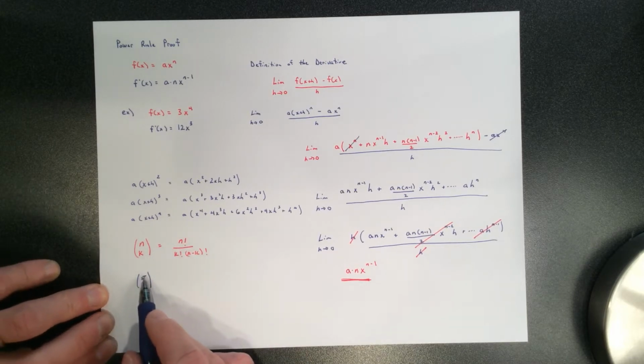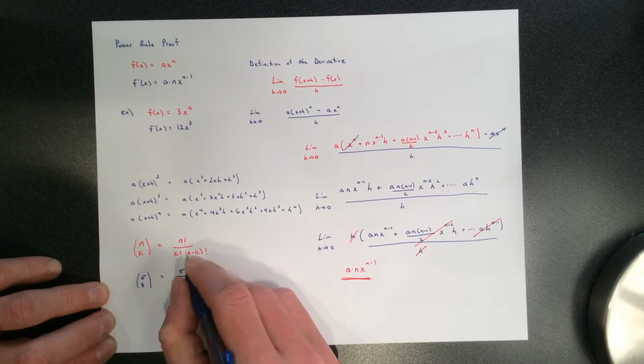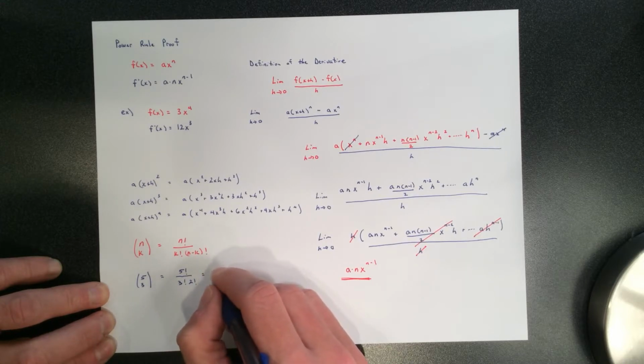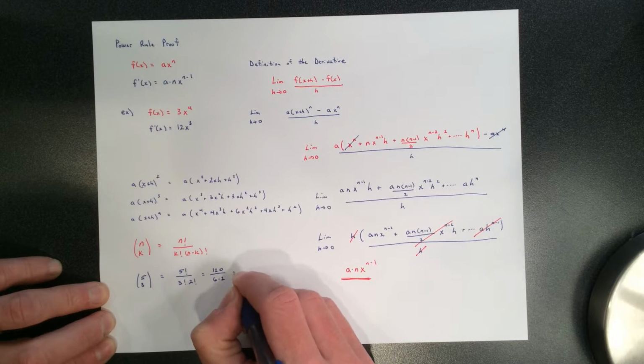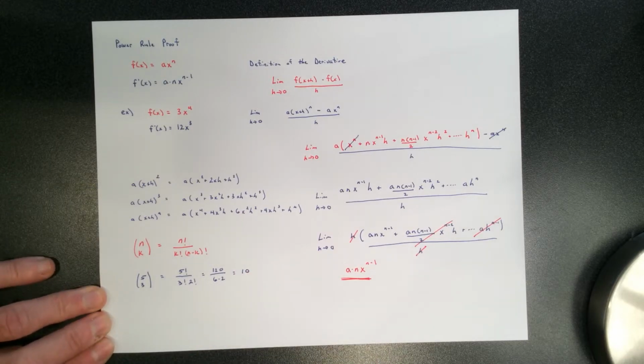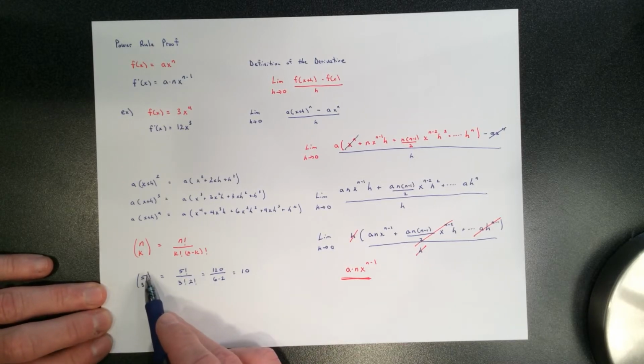If you had 5 choose 3, that's 5 factorial over 3 factorial, and then (5 minus 3) factorial is 2 factorial. Okay, that's 120 divided by 6 divided by 2, right? That's 120 divided by 12, which is 10. Okay, that's saying that there are 10 different ways to choose 3 items from a list of 5.